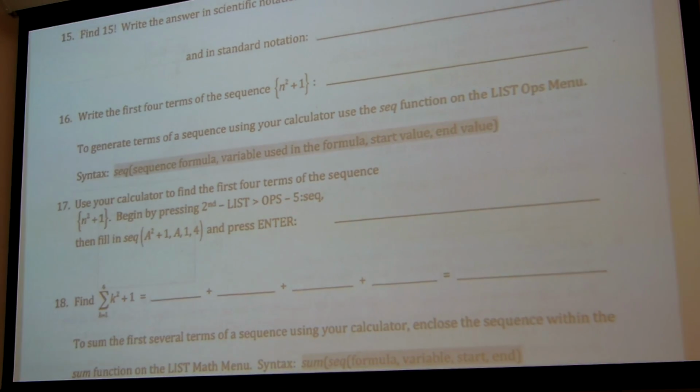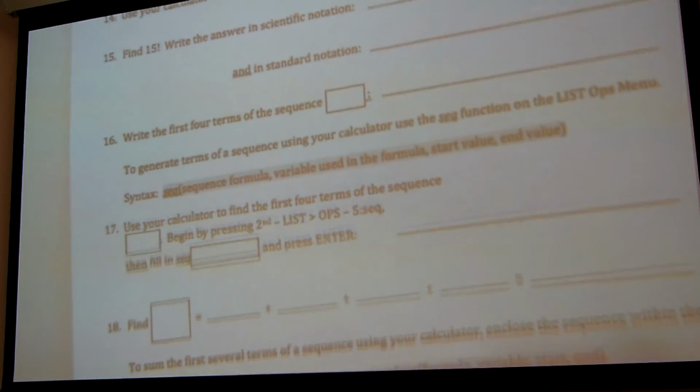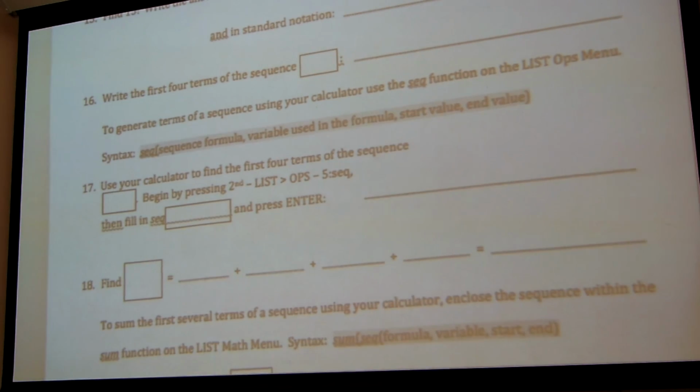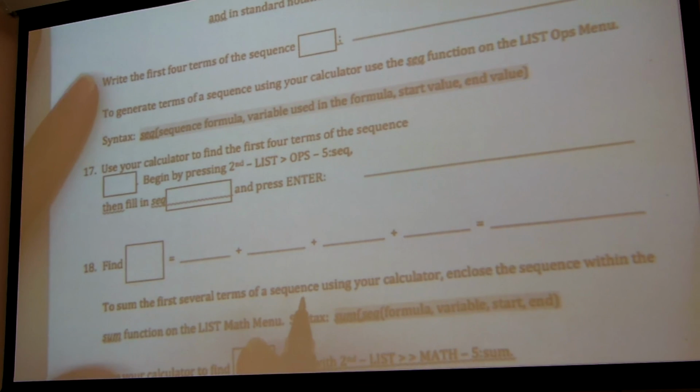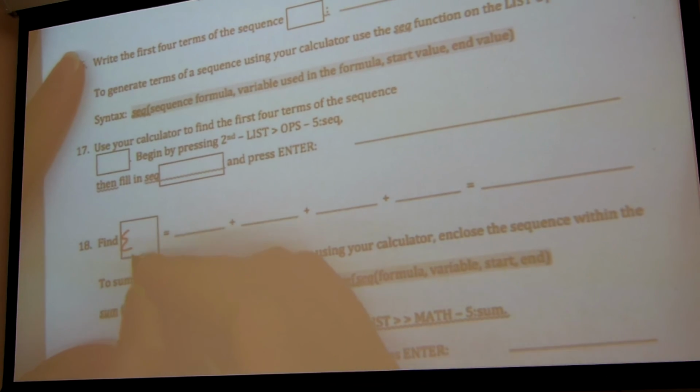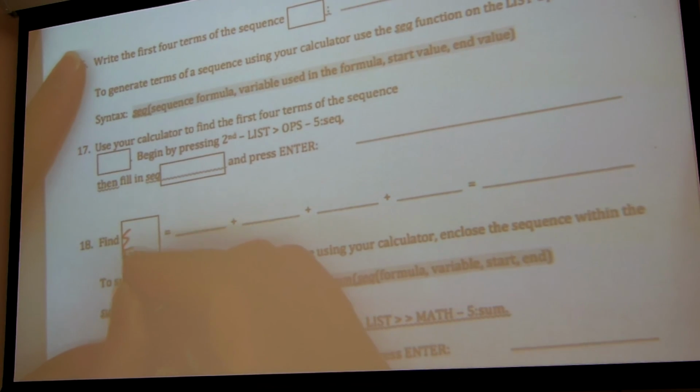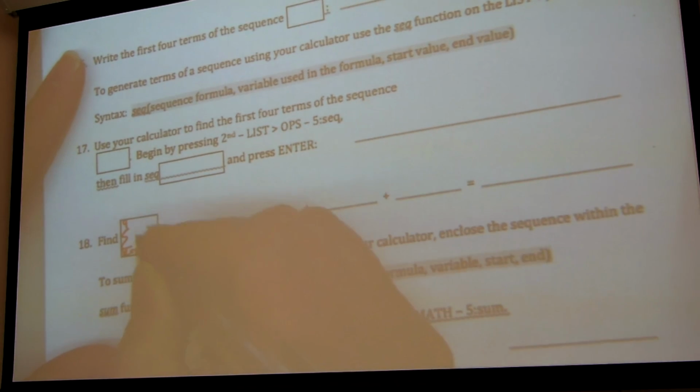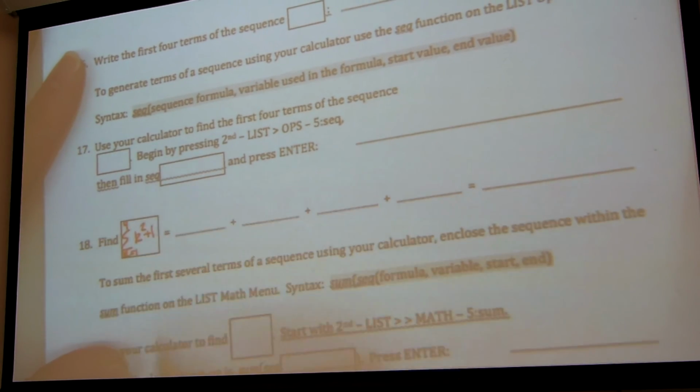And then you can either just substitute the better page for this page, or you can go through, if your writing is good, and spot that and say, oh no, that was supposed to be sigma from k equals 1 up to 4 of k squared plus 1.